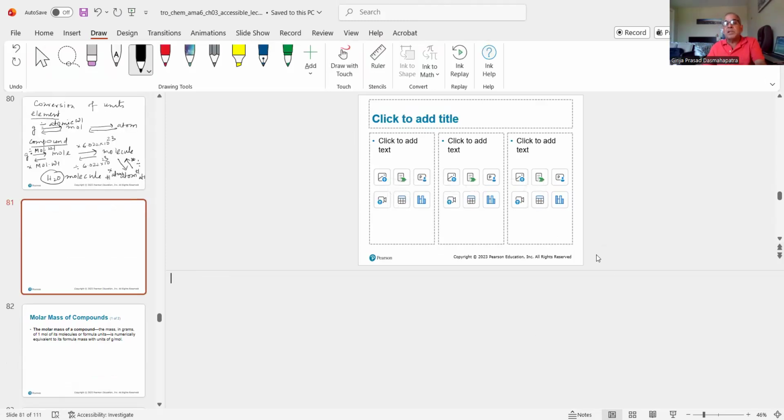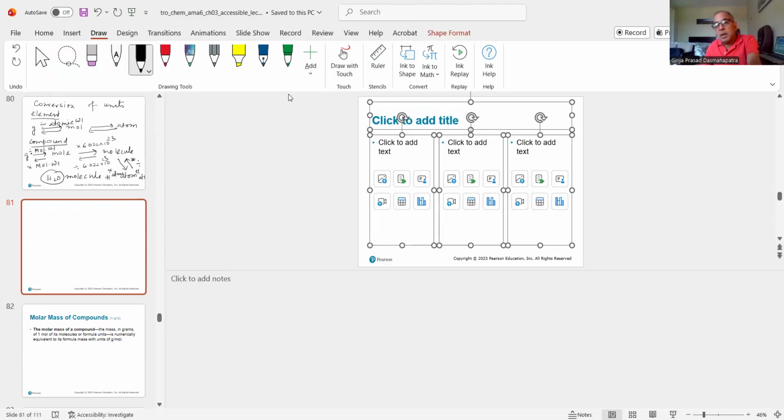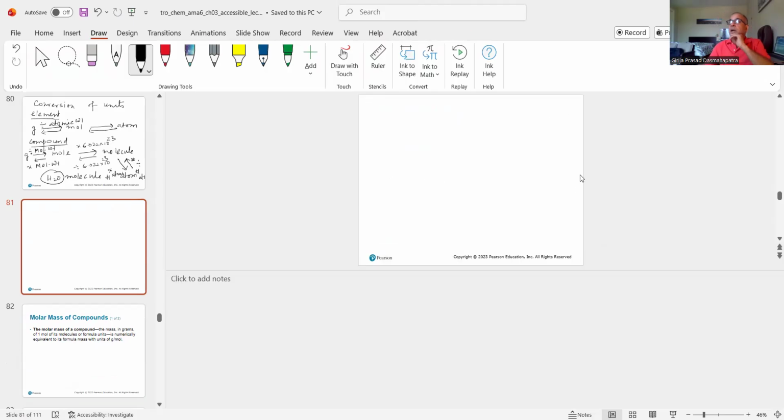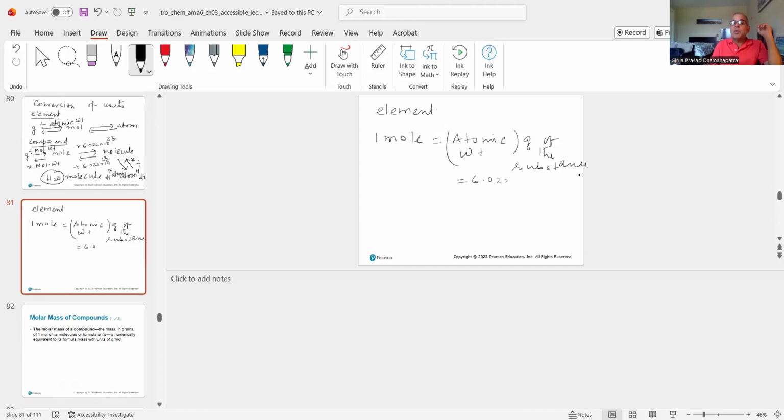If you look at the relationship between moles, grams, and Avogadro's number, in case of an element, 1 mole of the substance is equal to atomic weight grams of the substance, and it contains 6.022 10 to the power 23 atoms.